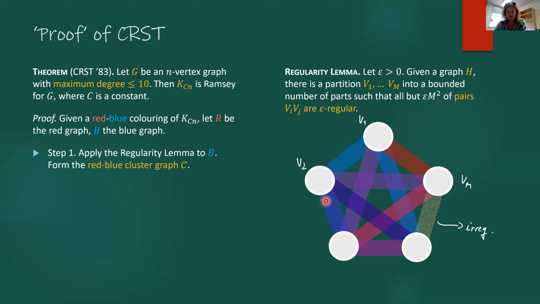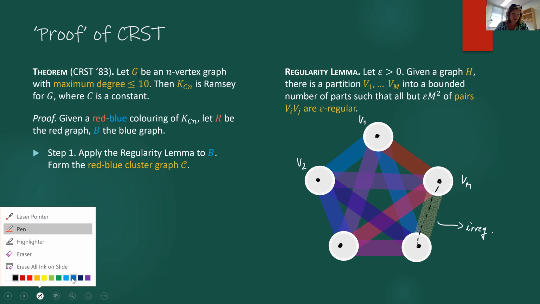A cluster graph is an auxiliary graph that encodes the information from the regularity lemma for us. So here's the cluster graph C. Its vertices are just V1 up to Vm, and it has red, blue edges and non-edges. So this cluster graph C is actually a colored graph. This is a non-edge in the cluster graph because it's irregular. So we entirely ignore irregular pairs.